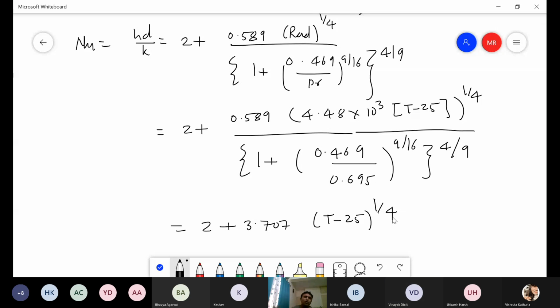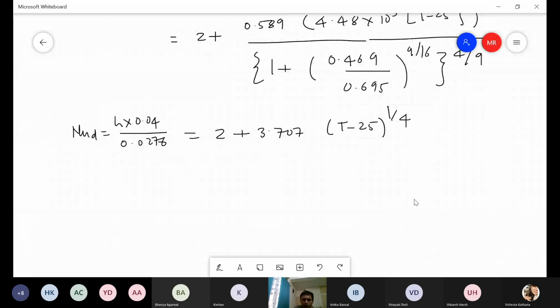Okay. So now this is the Nusselt number in terms of diameter. So that is given as hD by k. So h into D is 0.04 divided by k. So k is 0.0276, that is what has been given, isn't it? So we can find out h from this.